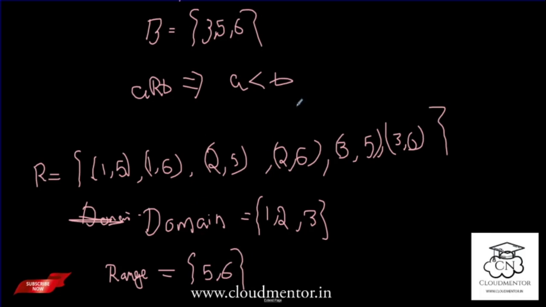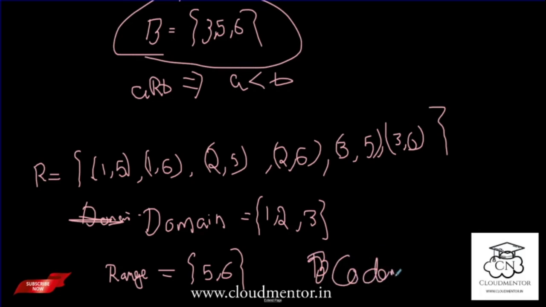Codomain of R is the set B itself, the second set itself. So codomain is equal to the set {3, 5, 6}, or it is equal to B. So that is everything.